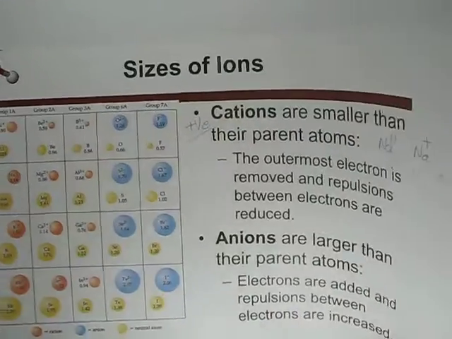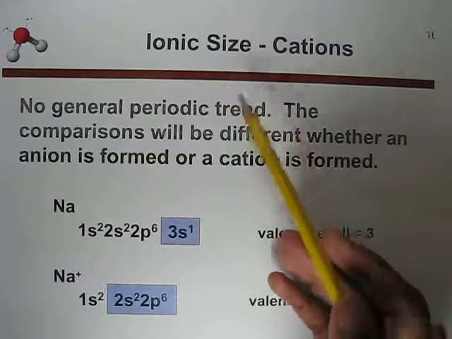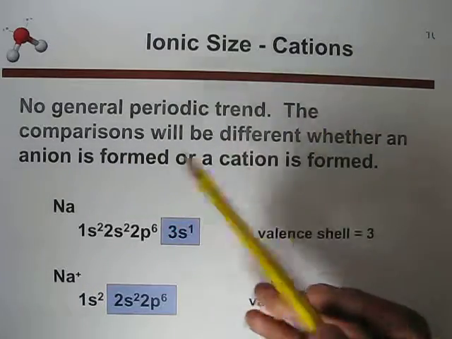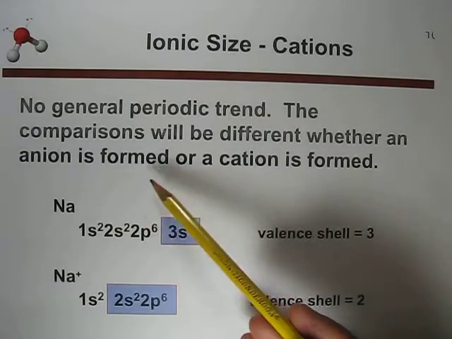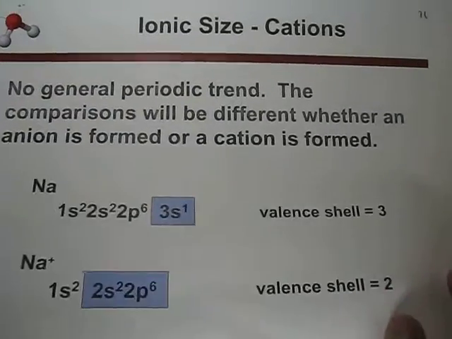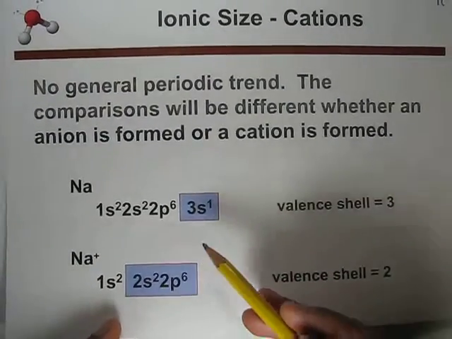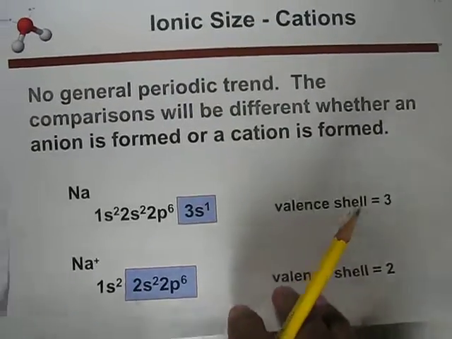So this is the usual trend of ions, but there is no general periodic trend for cations or anions. We can only say that if an electron is removed, the cation will be smaller. In the case of an anion, let's talk about oxygen.